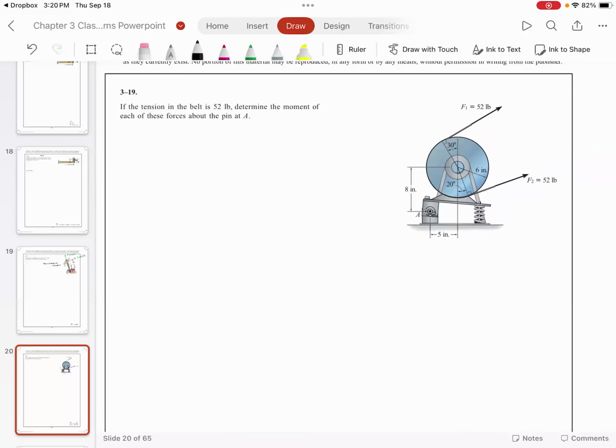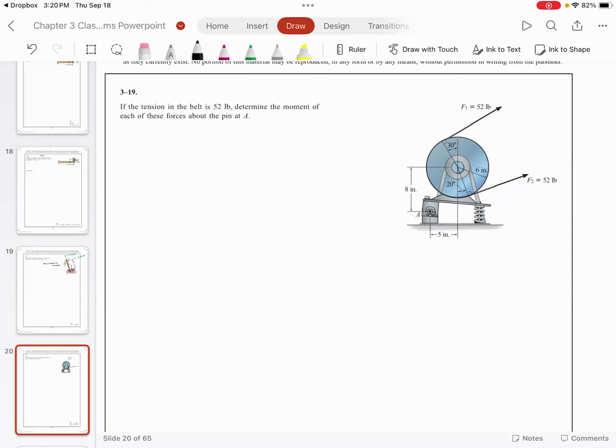Now this is the problem. Now what you have is you have a pulley and you have a rope. For the pulley drive, you have tension in the rope. Understand? Rope cannot be compressed. Rope can only be pulled, or rope can only be subjected to tension, not compression. Do you agree with me?